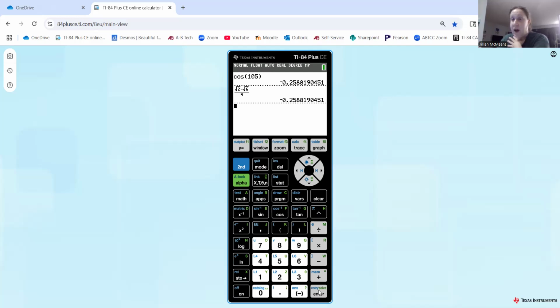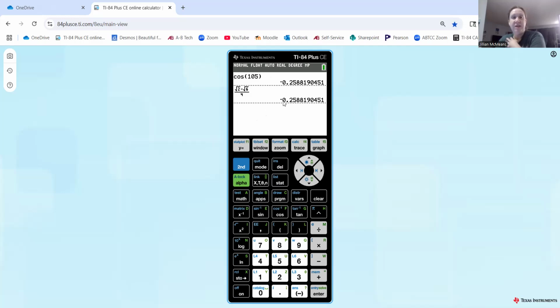And we do. Now, please understand, if you were to write negative 0.2588 on your test, and you didn't show me the work, and you didn't show me the square root 2 minus square root 6 over 4, you would get no credit, okay? So you can use this to check to make sure your work is good, but you still have to show me the trigonometry and the algebra, okay?